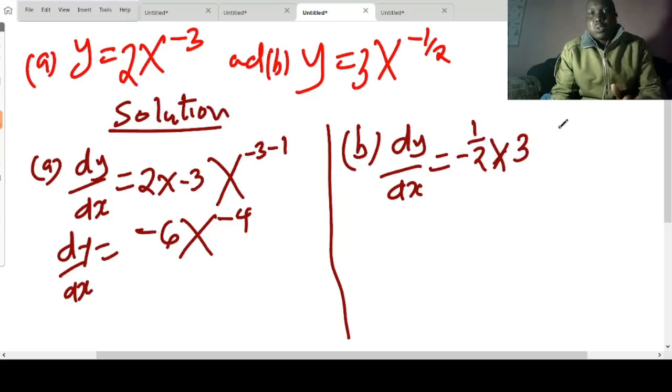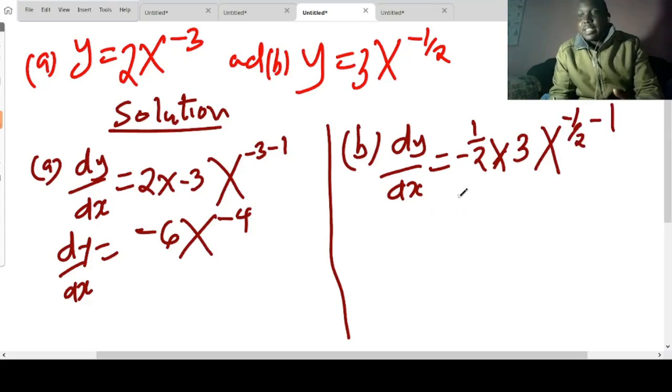After that, you put the x, which is the base, and then now the power is negative a half minus 1. That is the rule. Take your calculator, press negative 1 over 2 times 3. You will realize that the answer will be negative 3 over 2.